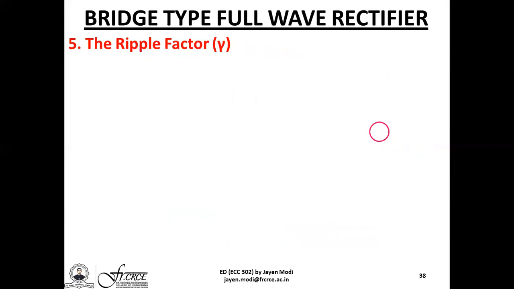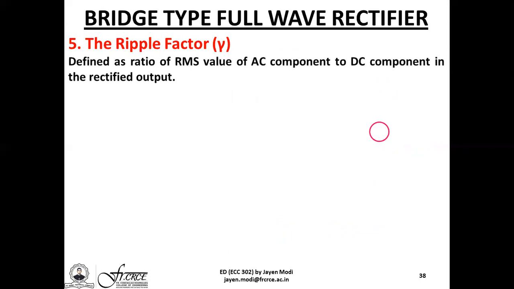And finally, as we go on to the ripple factor gamma, ripple factor is simply defined as the ratio of the RMS value of the AC component to the DC component in the rectified output signal.